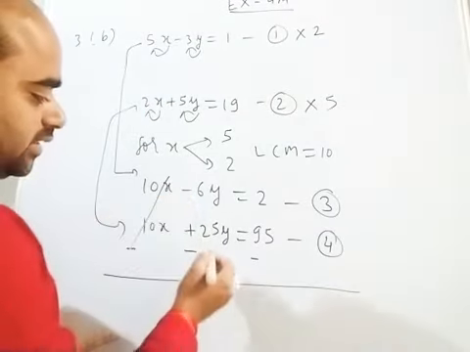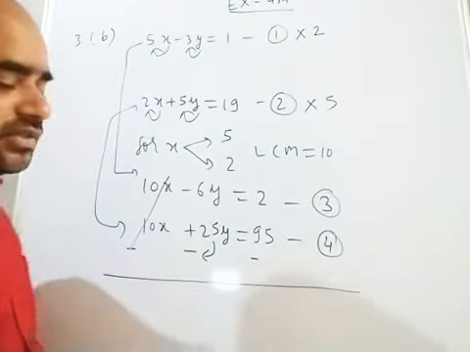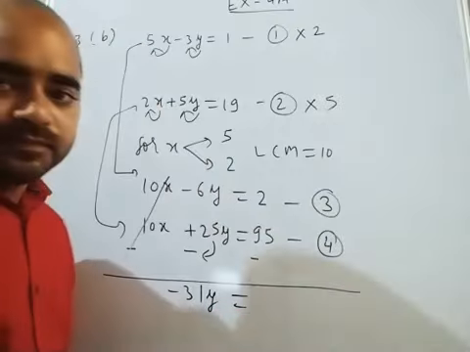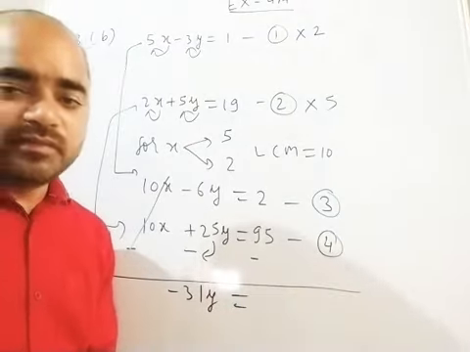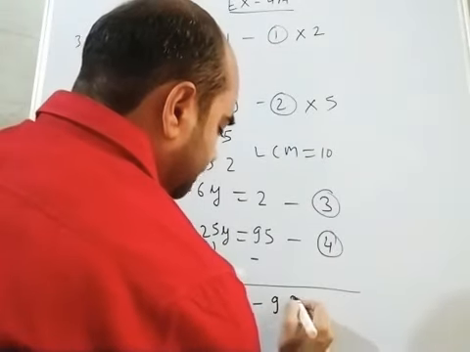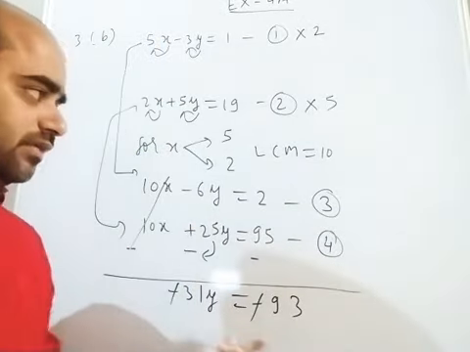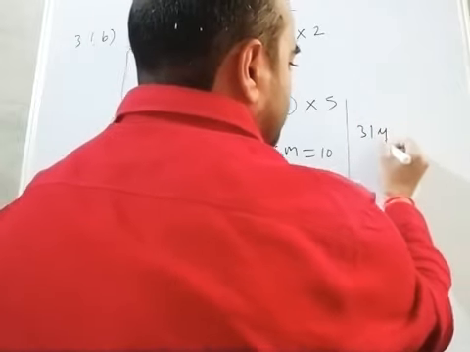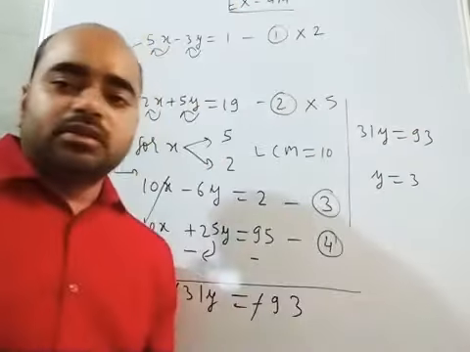Minus 6y, and this has also become minus 6 minus 25, it means minus 31y. Now this will become 2 minus 95, which means minus 93. Minus and minus cancelled. Now 31y is equal to 93. It means y will be 3.